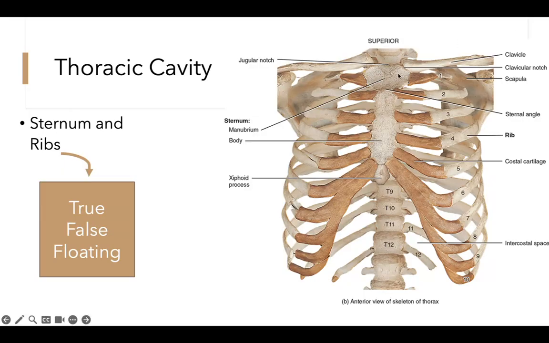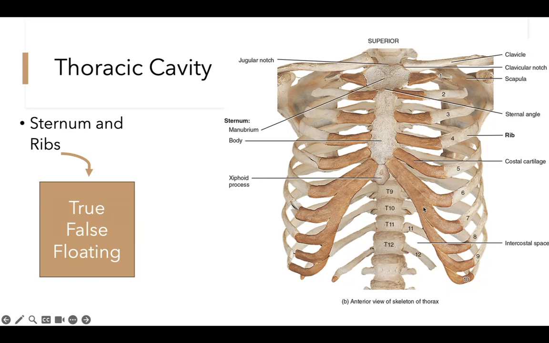So let's look at the difference between ribs 1 through 7 versus the other ones. Here we have the sternum, costal cartilage, rib, sternum, costal cartilage, rib. It continues. 6, we have this costal cartilage, comes down. 7, we have this costal cartilage, comes down.